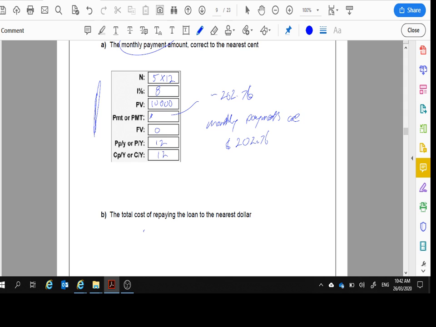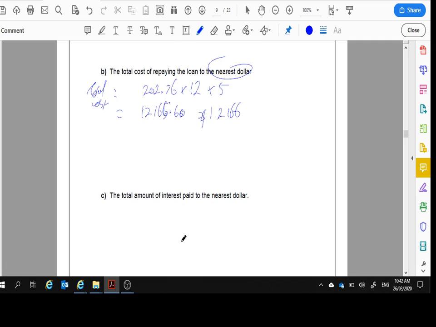So he's paying $202.76 a month for 5 years, and that's the total cost. When we work that out, it equals 12,165.60, which to the nearest dollar we're going to make 12,166.